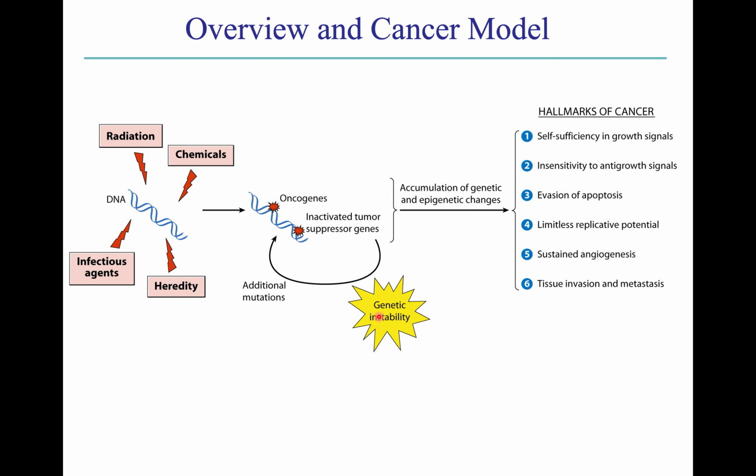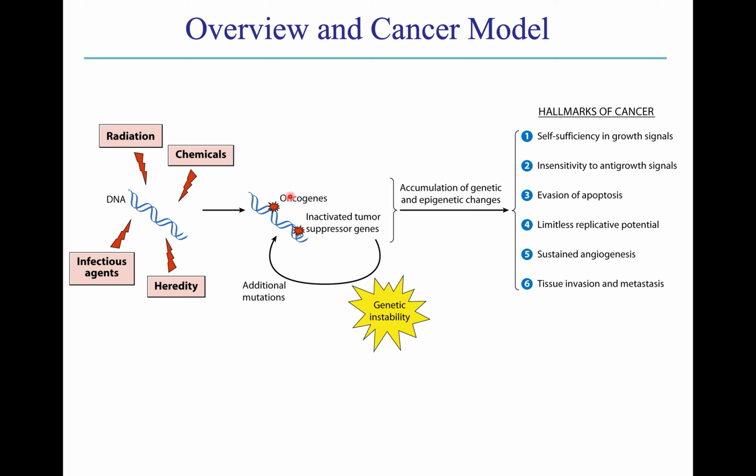All right, so just to finish here, let's tie together the last few chapters that we've talked about. We've got our normal DNA that is constantly under attack by different mutagens, things that can cause mutations: radiation, chemicals, our unfortunate genetics in some instances, infectious agents, leading to gain of function mutations in oncogenes and loss of function mutations in tumor suppressor genes.